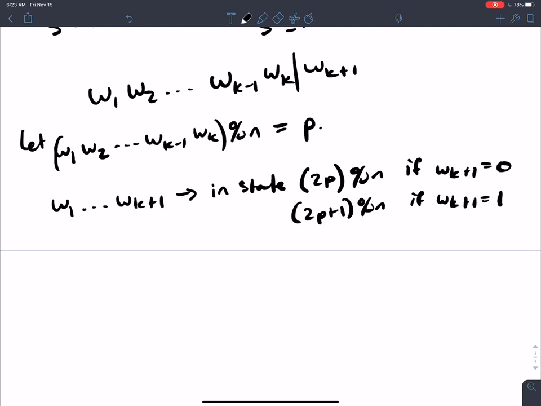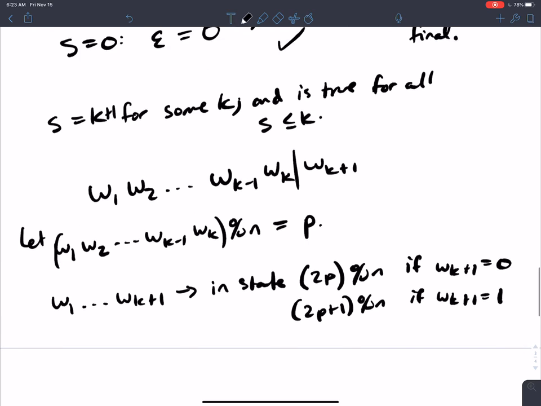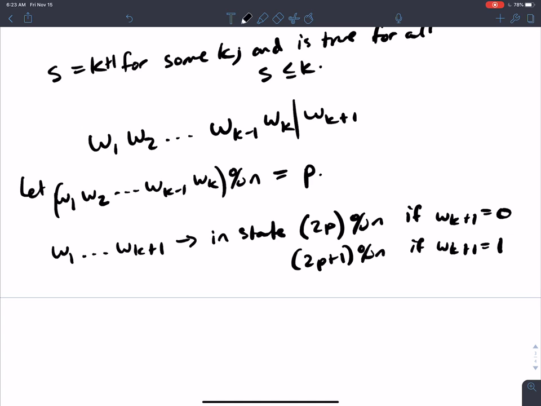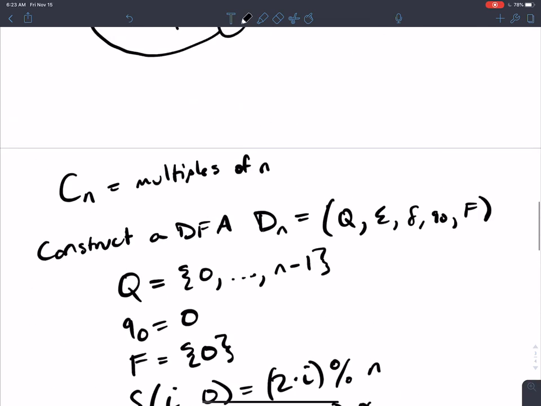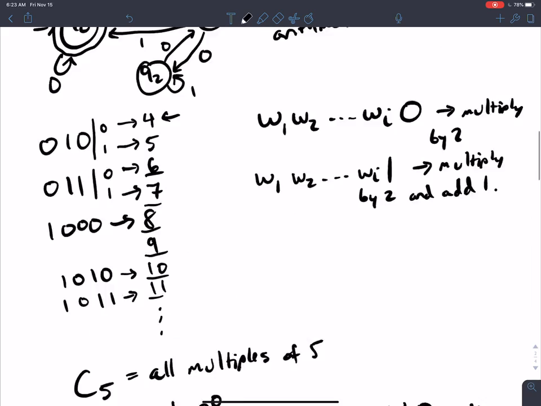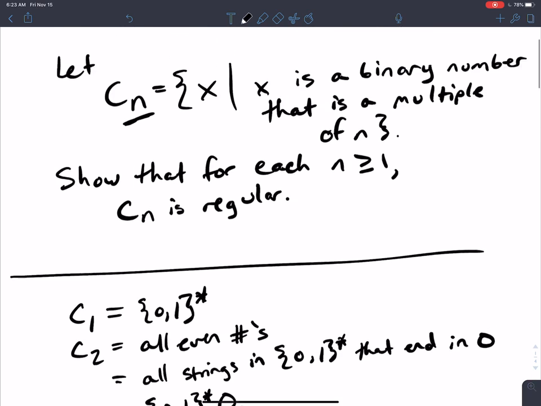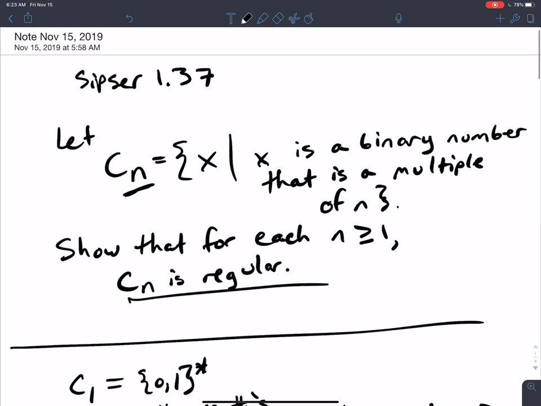But that's literally what putting a 0 on the end of a binary number does, and 1 correspondingly. So they're going to be in the correct states for that reason. I told you it was pretty easy to prove. So therefore the language Cn is always regular.